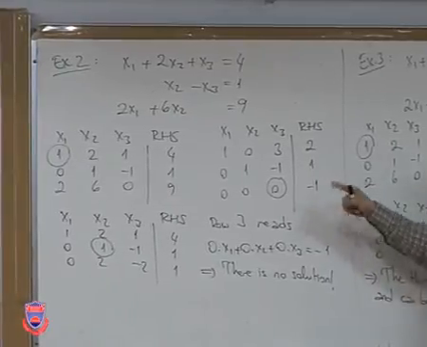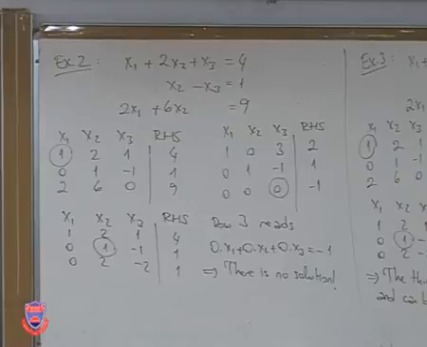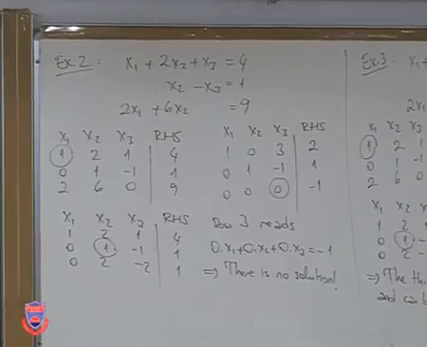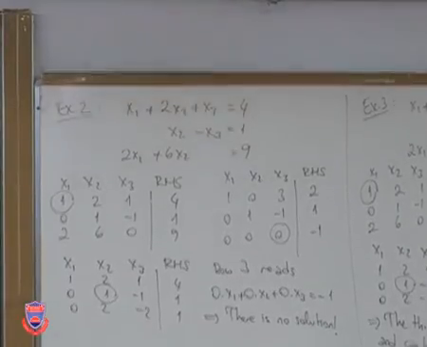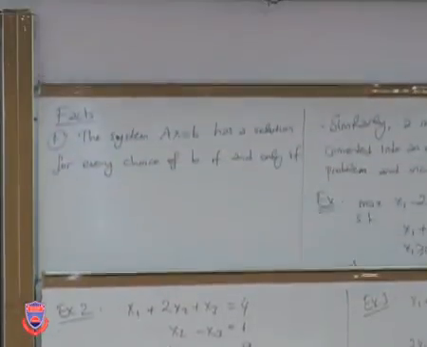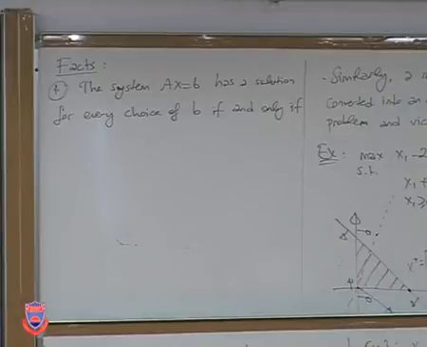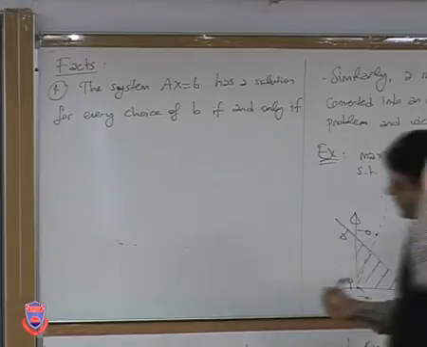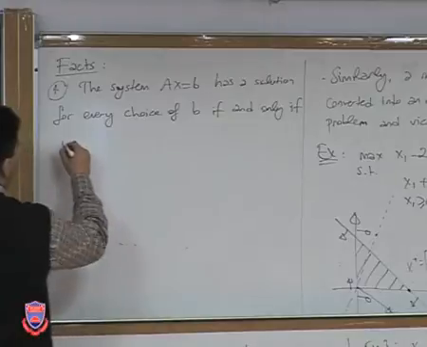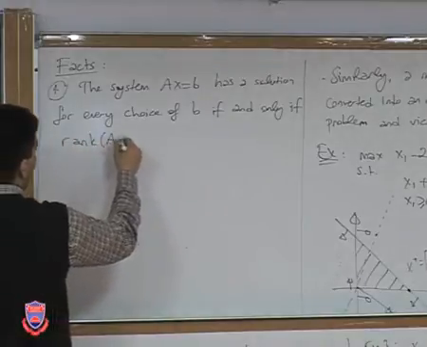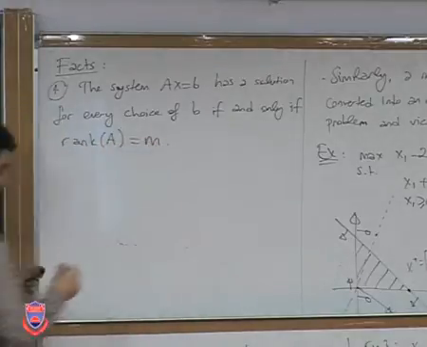So what can I deduce from this discussion? Well, this statement is true if and only if there are no redundant rows in my system. So if and only if my system does not have any redundant equations. And that's the same thing as saying that if and only if the rank of A is equal to m.